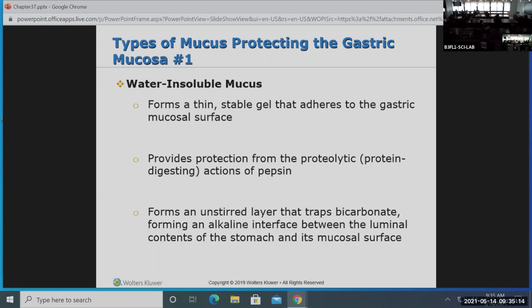They form an unstirred layer that traps bicarbonate, forming an alkaline interface between the luminal content of the stomach and its mucosal surface. Bicarbonate is also protecting the mucosal surface of the stomach.